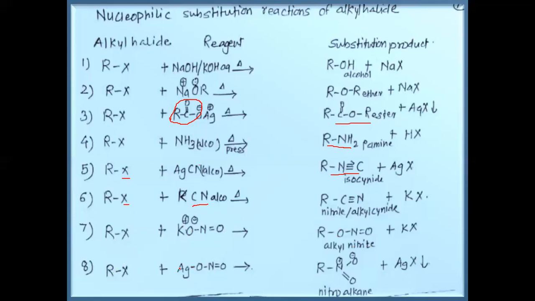In this eighth example, silver nitrite gives nitroalkane RNO2 plus AgX.